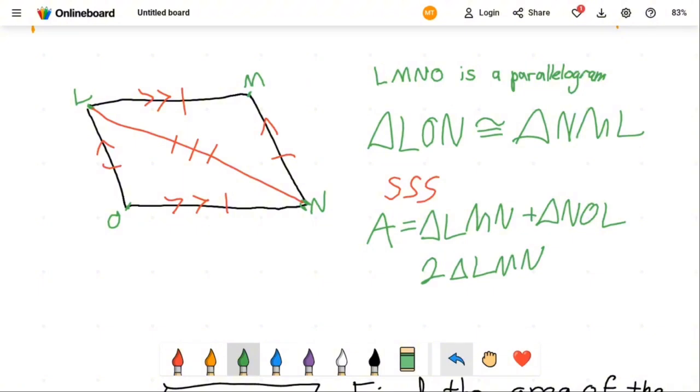And since we have the formula for a triangle, which is going to be 1/2 times base times height of the triangle, sorry, we're going to take this height right here, which is needed.